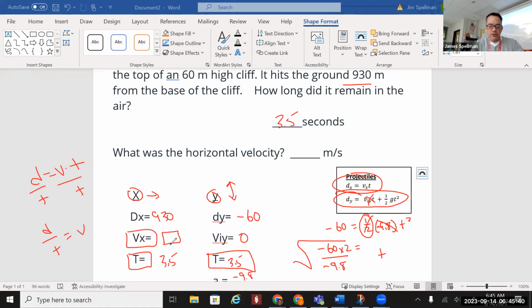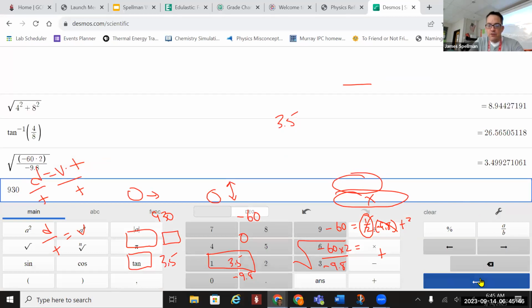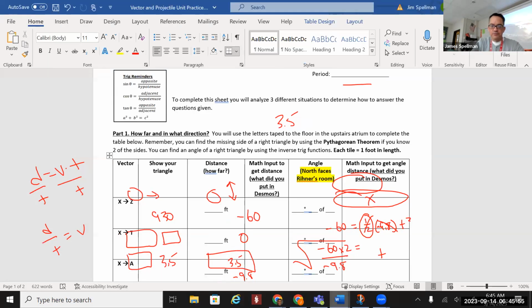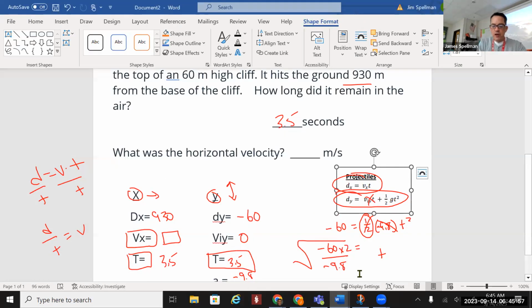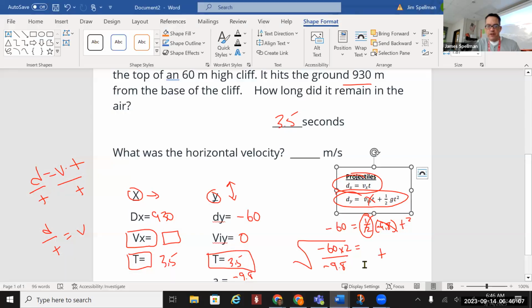So I'm going to have 930 divided by 3.5, and it gets 265.7, and that ends up being our answer. Wrong screen again. So that answer would go in here for your velocity. As I switch back and forth, I forget what my answers were. So it was 265.7, and we're done.